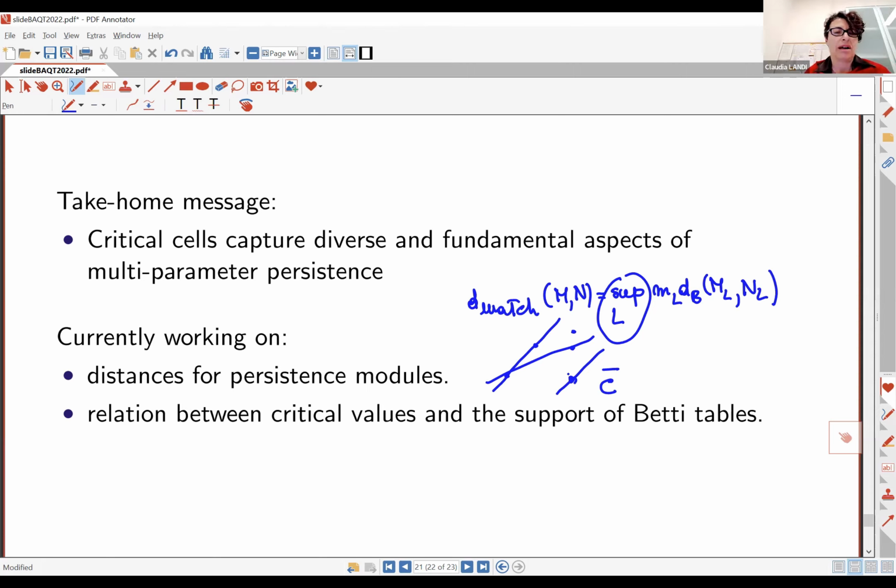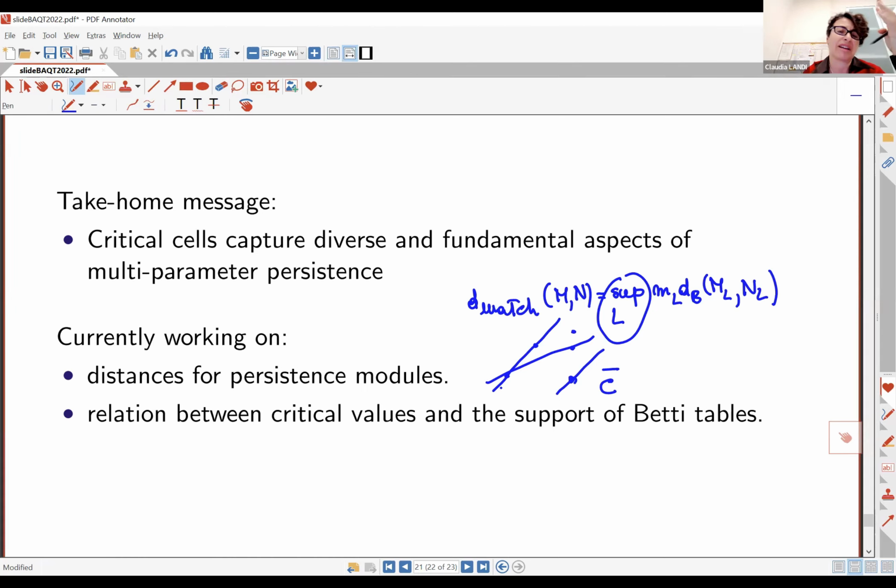Another thing, which a student from Middle East Technical University in Ankara is studying, is to define new distances for persistence modules, always defined using slicing with lines.